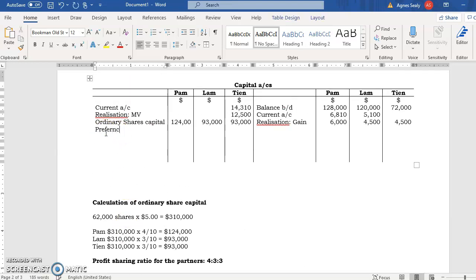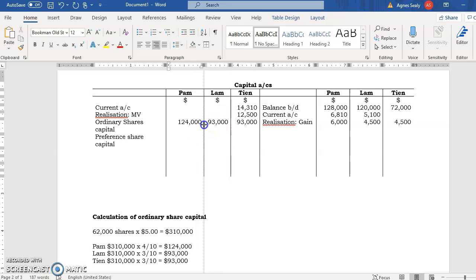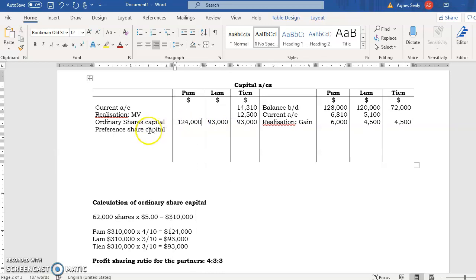So for preference share capital, sorry, we missed a zero there.